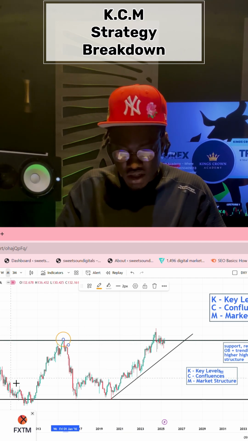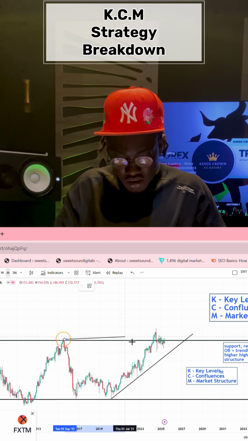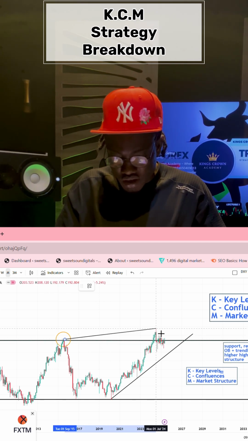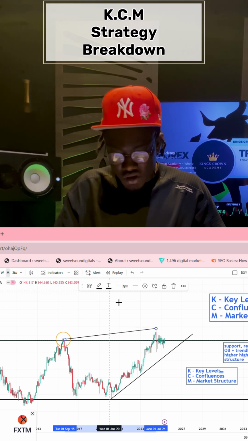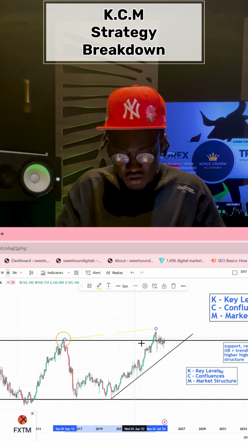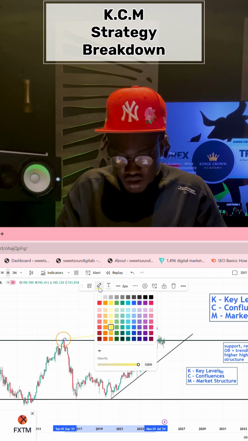So this was the liquidity that has just been swept by price. I'm going to change the color. This is an SMT divergence too, another form of liquidity. It has happened.